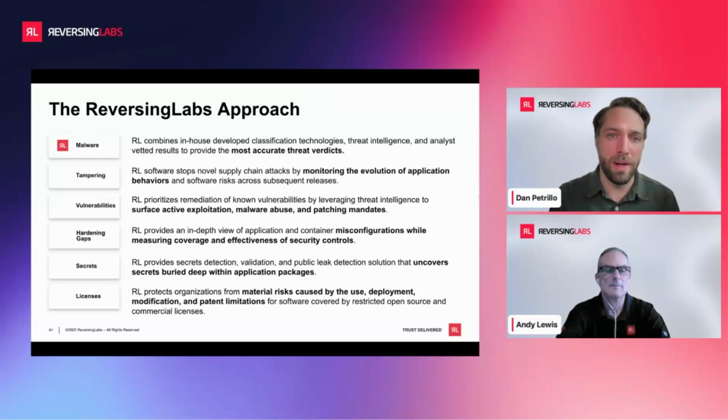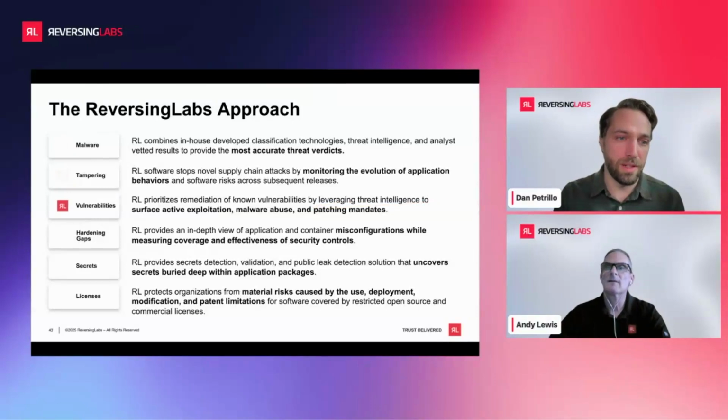So first, with malware, RL combines in-house developed classification technologies, threat intelligence, and analyst-vetted results to provide the most accurate threat verdicts. For tampering, we stop novel supply chain attacks by monitoring the evolution of an application's behaviors and software risks across subsequent releases. That differential analysis we talked about.